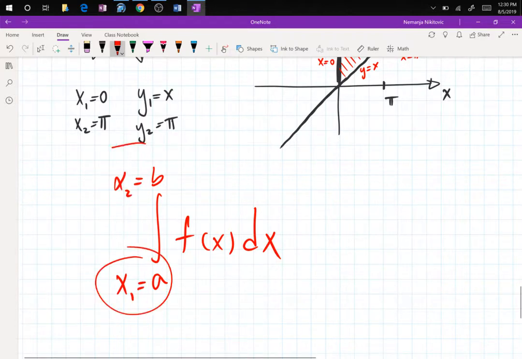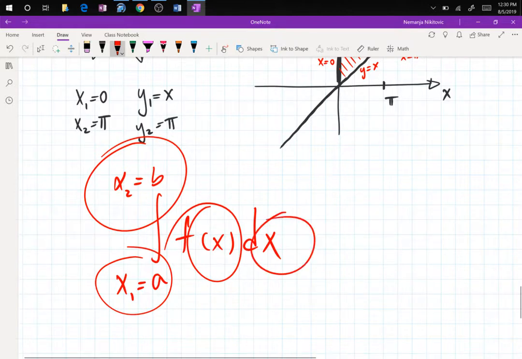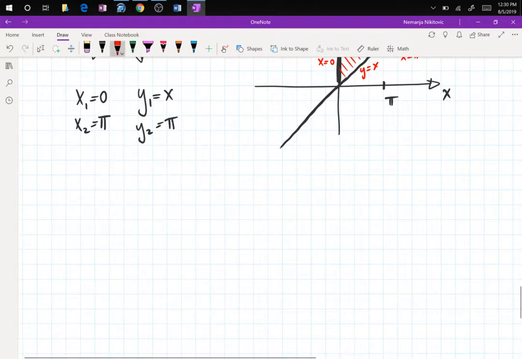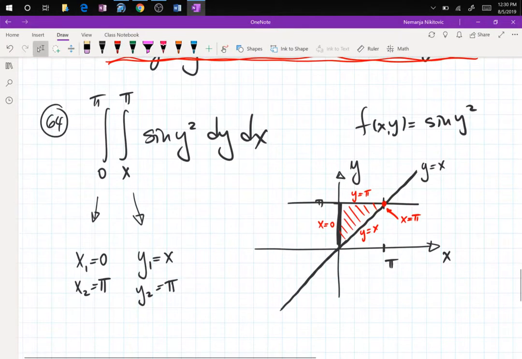So we say x, x, x, x, all x's across the board. They all have to match. You cannot have y anywhere. That's what we learned in Calc 1. Now in Calc 2, you just have two of those. If this is an x over here, then this is x1, this is x2. They all have to match.